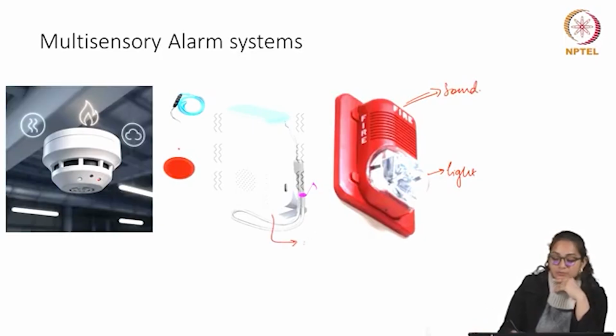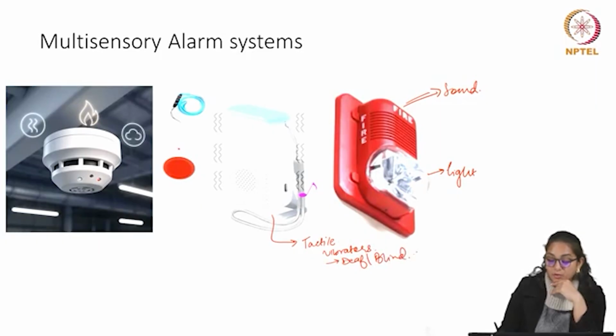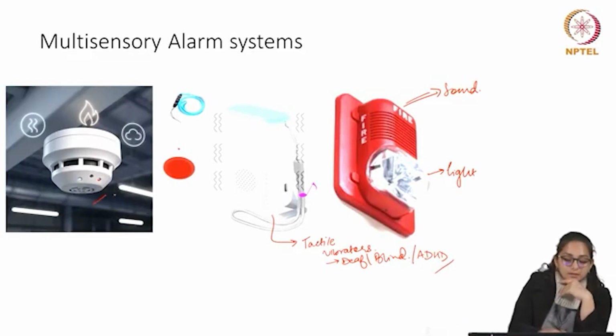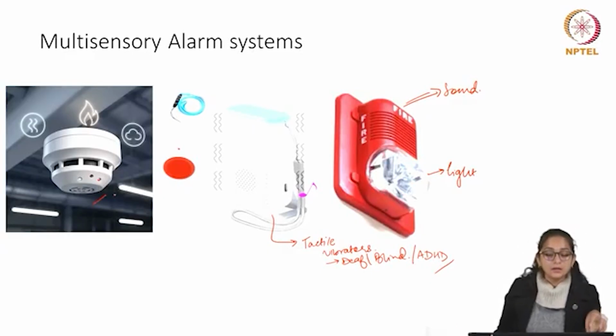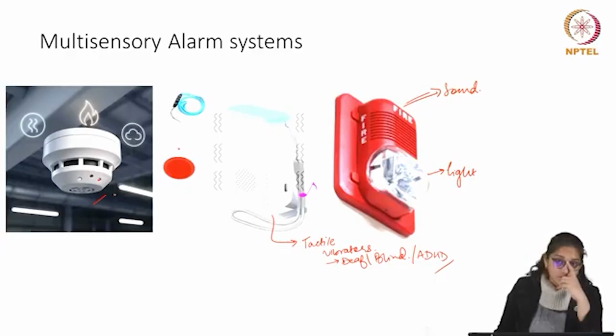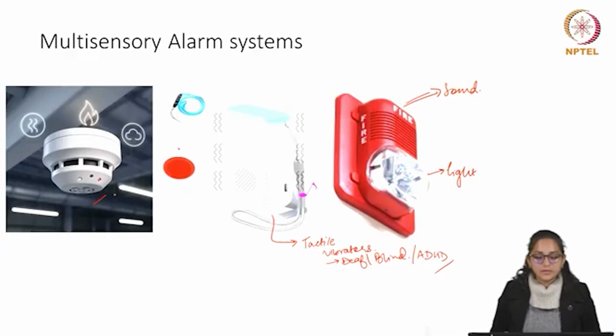Then there can also be tactile beepers or vibrators, particularly for people who are blind or who may have attention deficit. Then there are multi-sensory alarm systems which get triggered by multi-sensory input as well. So not just fire, but also heat or smoke, so that it can be more effective.